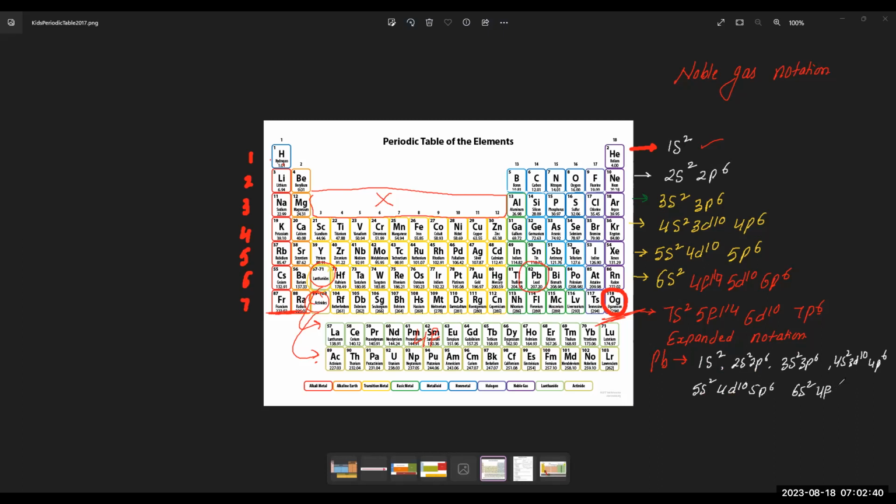Is it in period number 6? Yes. 14 is fully filled, then 5d10, and then 6p2. Schuyler has given it. Yes, Anil, Schuyler, good. Put commas between the shells.